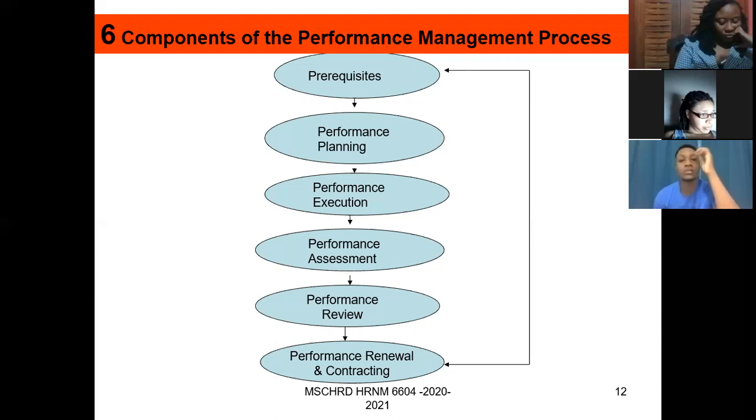What you should keep in mind about these is that overall, it involves considerations about the results and the behaviors and the development of the employees.